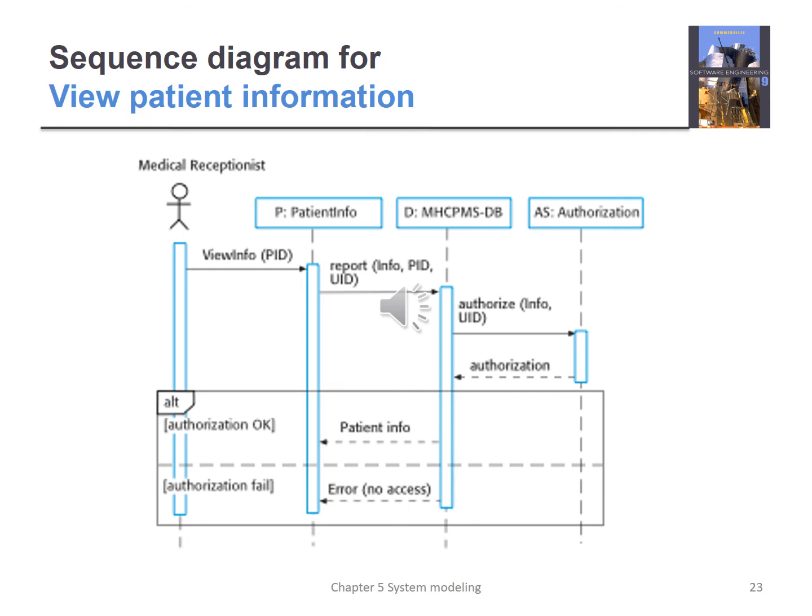This checks whether the receptionist is really authorized to look at these records for the patient or not, which has to do with security. Down there, the big box says alternative. Now if he or she is authorized, the patient information goes back. If not authorized, it comes with an error, no access.